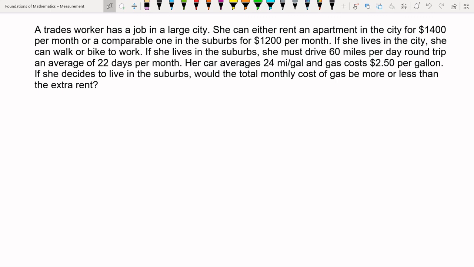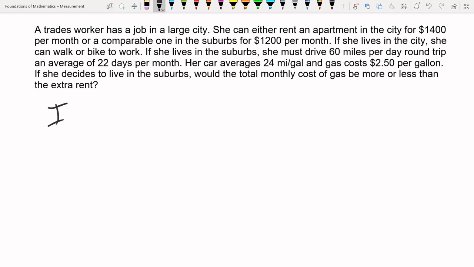However, the apartment in the city is $1,400 per month, and the one in the suburbs is $1,200 per month. But of course, if she has to drive, then the cost of gas is going to be in there as well per month. So which saves her money? We're not concerned about anything else besides that if she lives in the city, she doesn't have to drive a car. If she lives in the suburbs, she does have to drive a car.